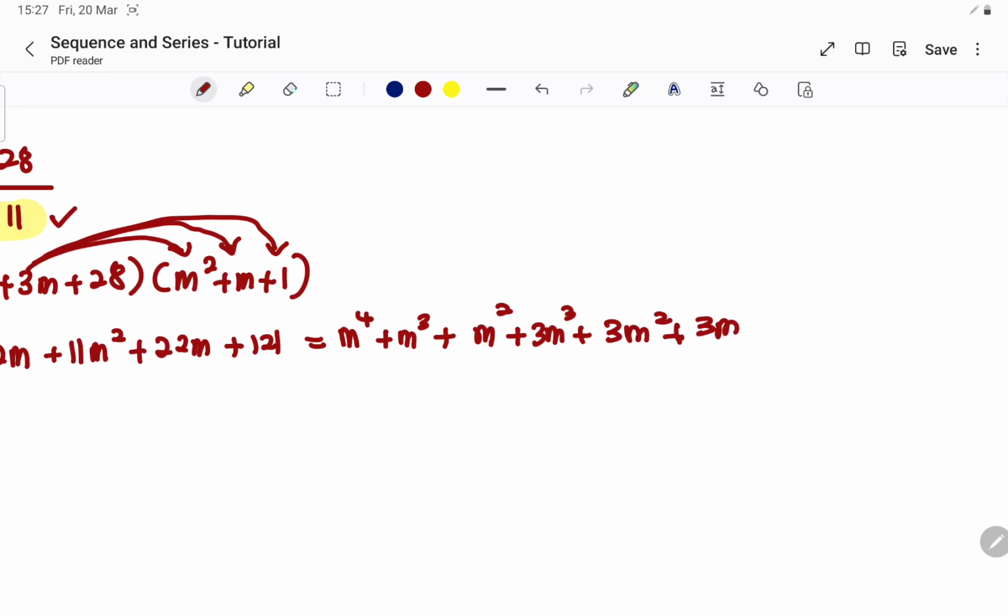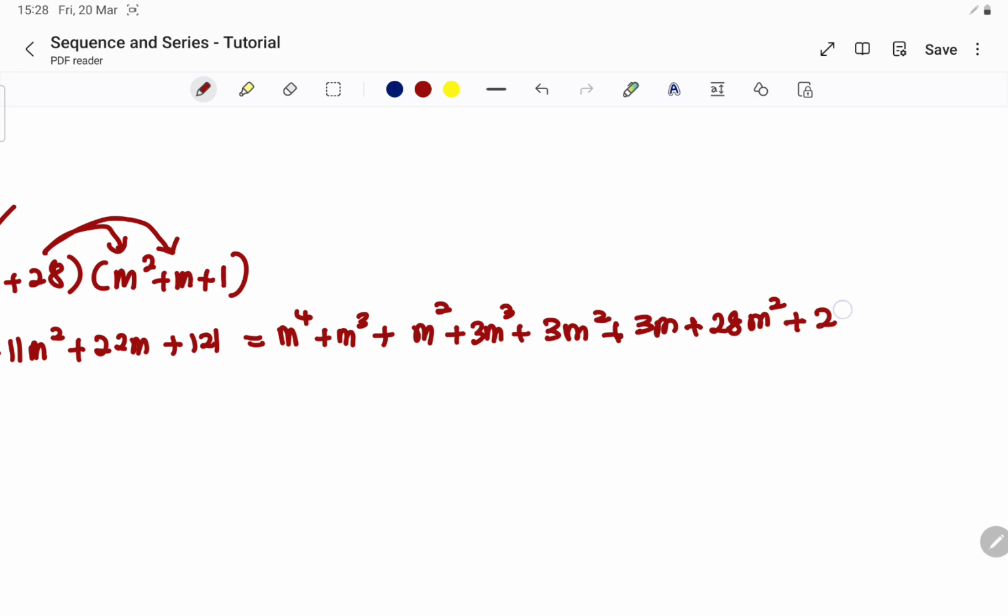Now you do for the rest, the last one, which is 28 multiply with m square, you're gonna get 28m square. And then 28 multiply with m, you're gonna get 28m. Sorry. And then 28 multiply with 1, you're gonna get 28.